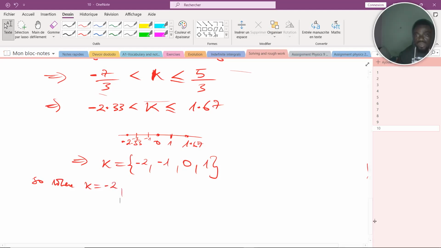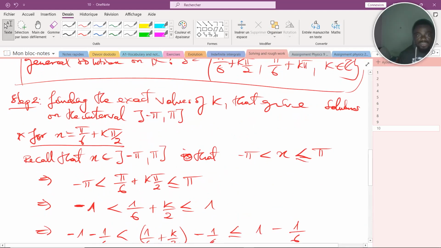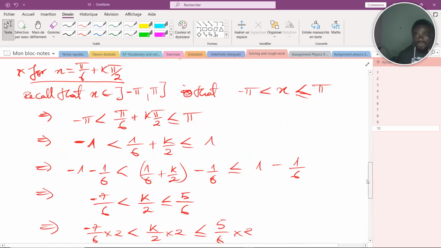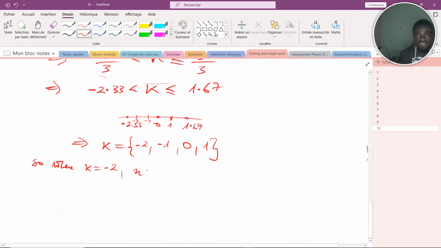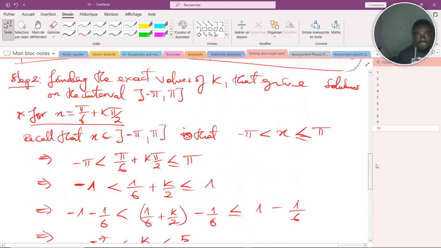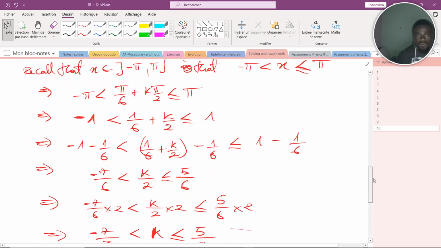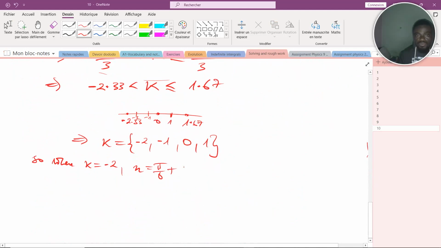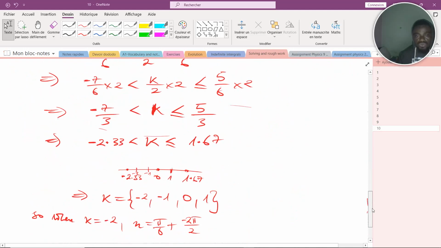When k equals -2, we substitute it inside here. Is that okay? We're going to have x equals pi on 6 plus -2 pi on 2. Is that okay? Because our k is -2.